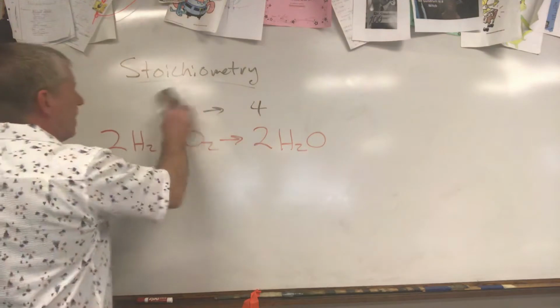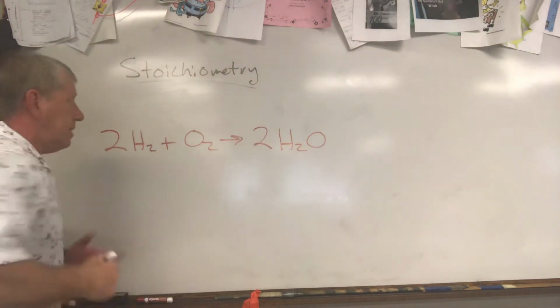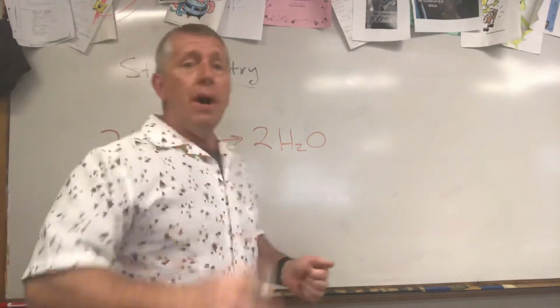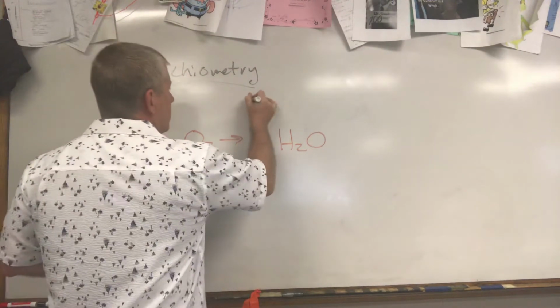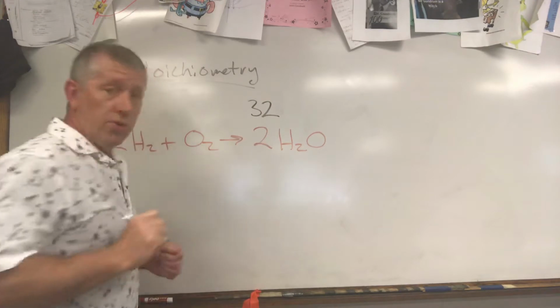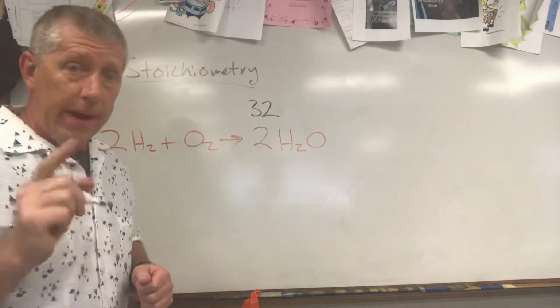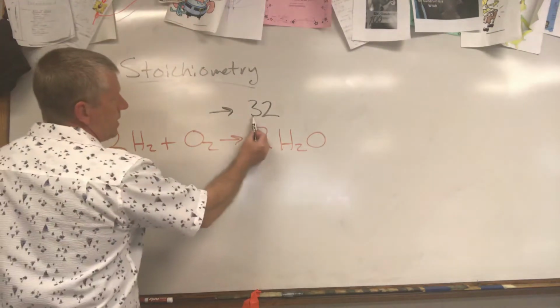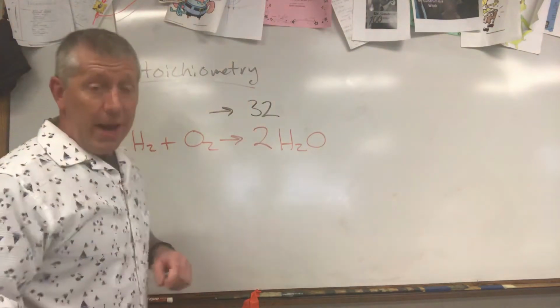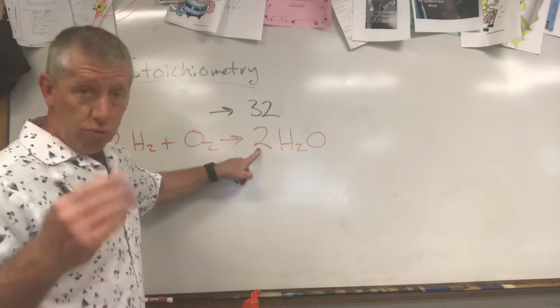All right, so let's use my water reaction. And let's say that what I want is 32 moles of water. What am I going to have to use to get 32? All right, well, 32 is 16 times greater than 2, my original recipe.